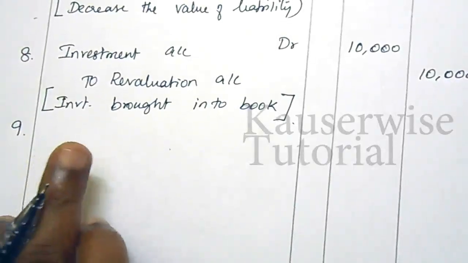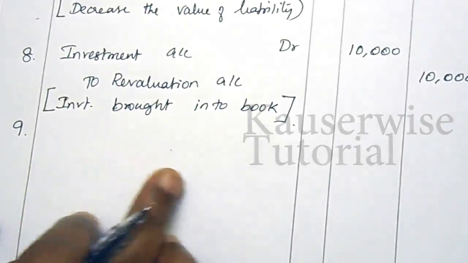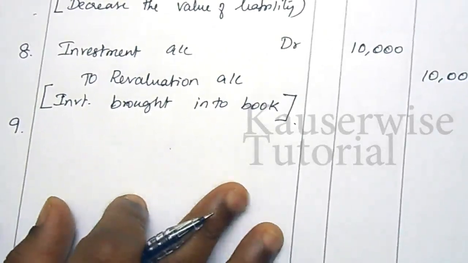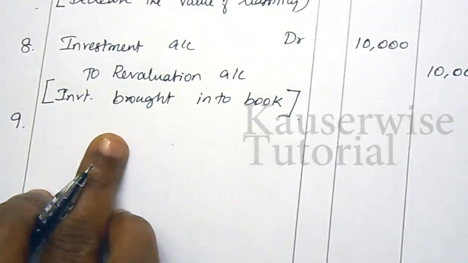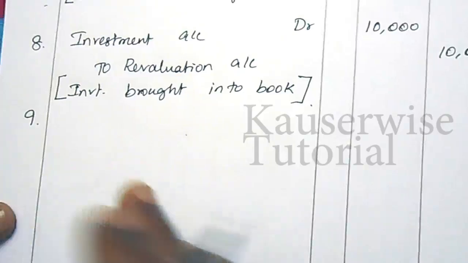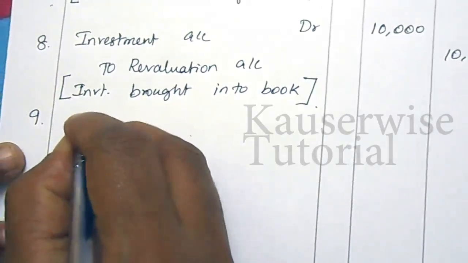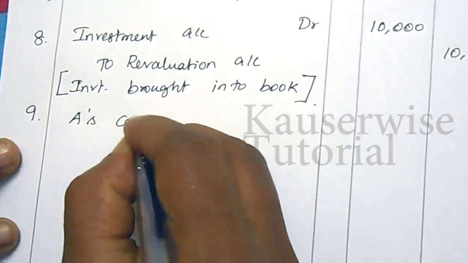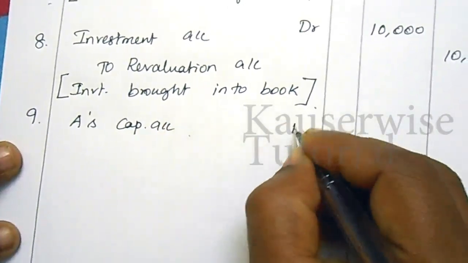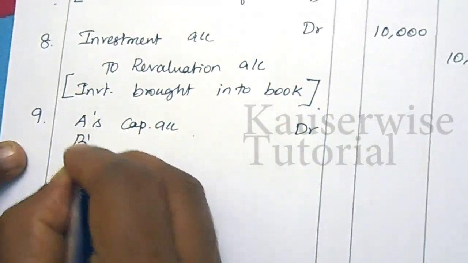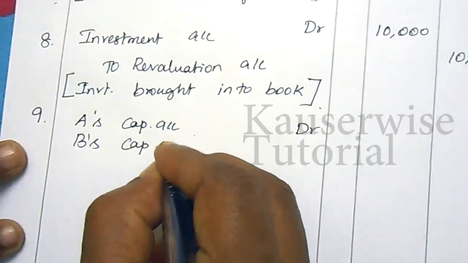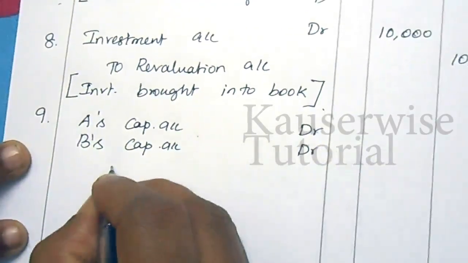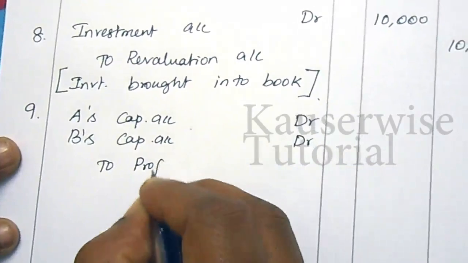Entry for transfer of undistributed loss. So the entry for the transaction is old partners' capital account debit to profit and loss. A's capital account debit, B's capital account debit, to profit and loss.